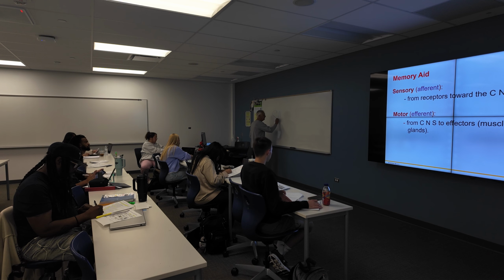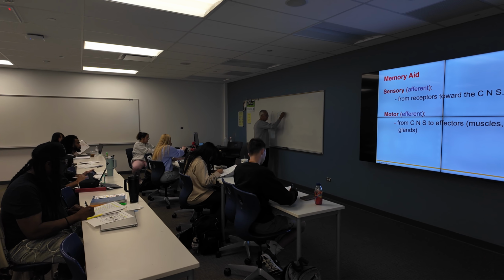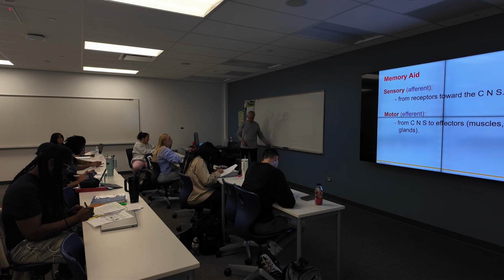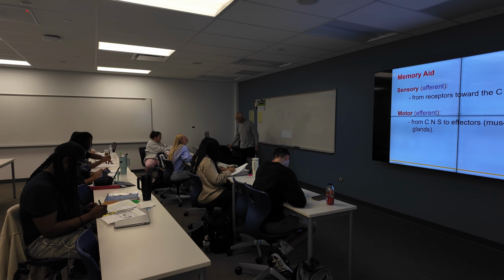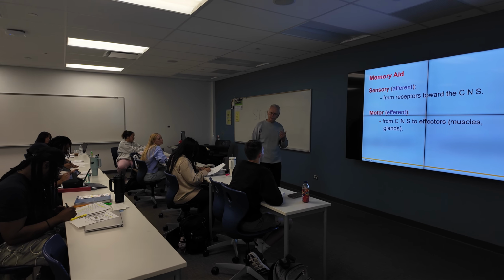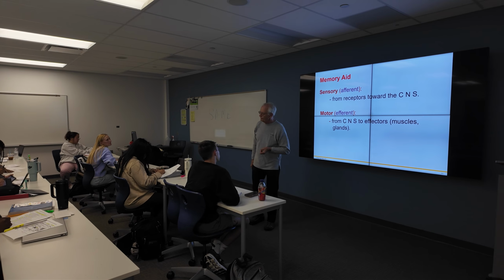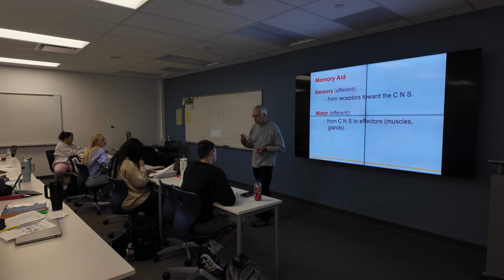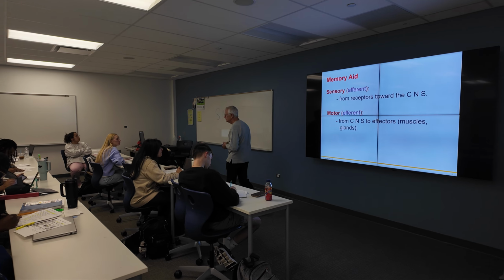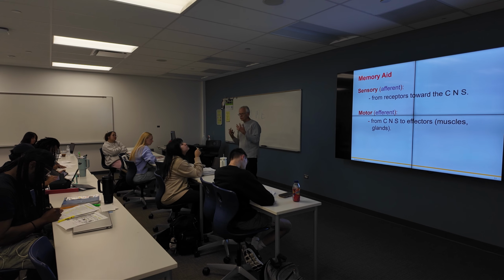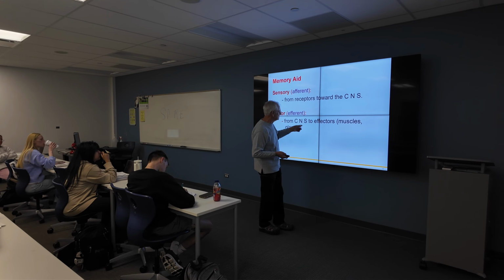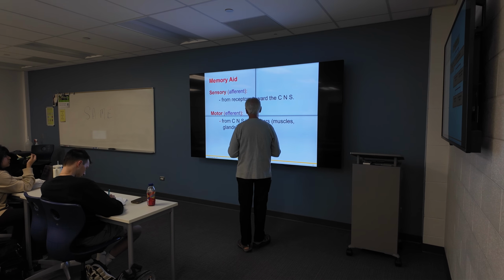S, A, E. You good with that? Sensory afferent, motor efferent. Afferent means it's going to the brain and spinal cord, spinal cord and brain usually is the way it has to be transmitted. And the motor efferent from the central nervous system to muscles or the glands.